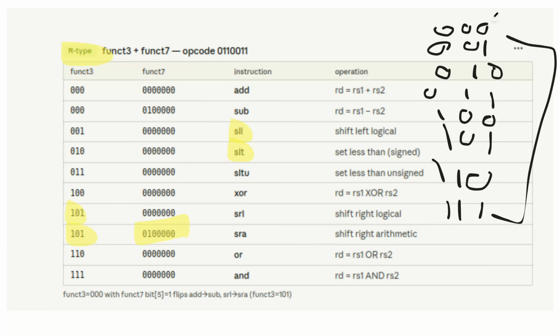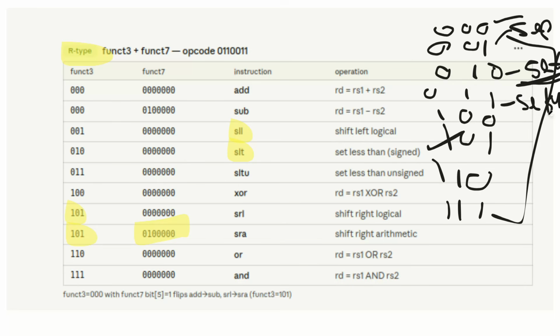So we have to understand, first 000, add and subtraction would come, then 001 comes with shift left logical. Then 010 is set less than, and set less than unsigned is 011, SLTU.